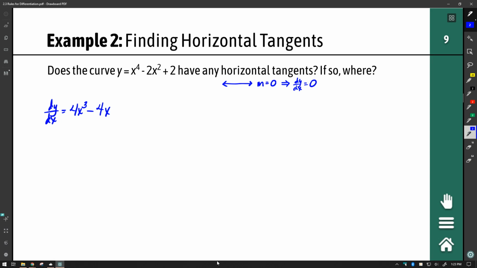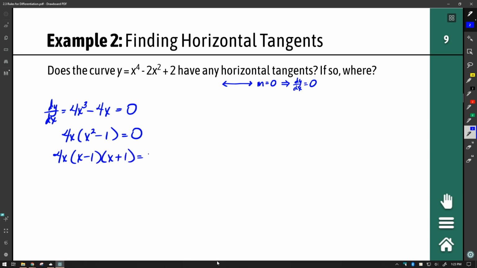We know that the derivative at a horizontal tangent will be 0, and now we can solve. Well, 4x cubed minus 4x is a function that has a common factor of 4x, so we can pull that out and have left over x squared minus 1. This is still equal to 0. X squared minus 1 is a difference of two squares, so that also factors into x minus 1 and x plus 1.